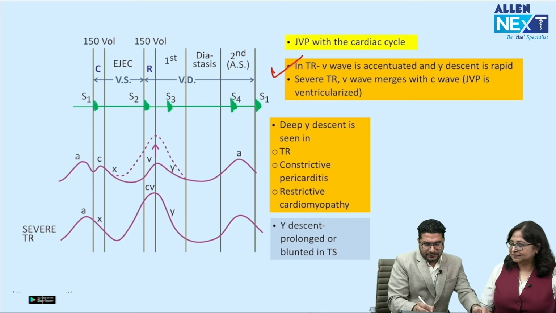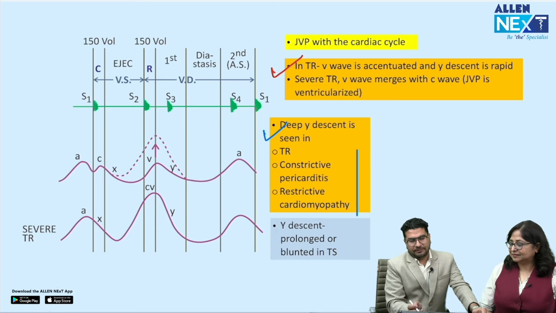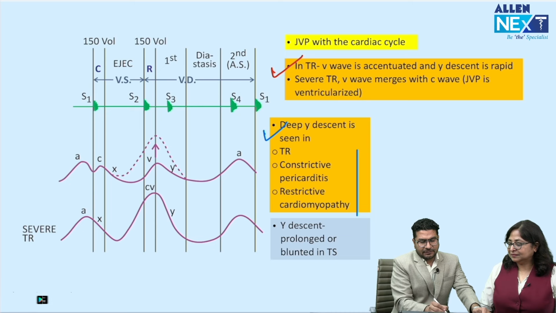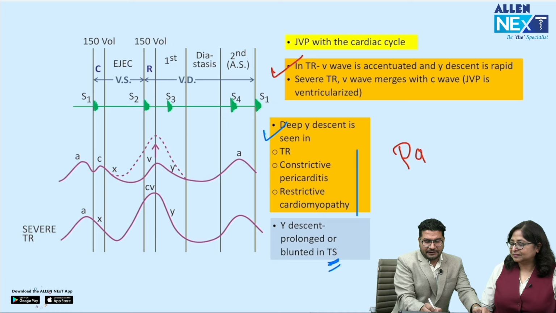Okay, here I will give you a mnemonic to make you understand something. This deep Y descent you will see in tricuspid regurgitation, constrictive pericarditis, and cardiomyopathies. And Y descent is prolonged in tricuspid stenosis. A mnemonic which I am adding here is called PAY TAX.